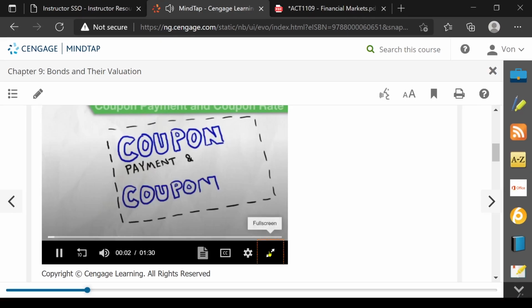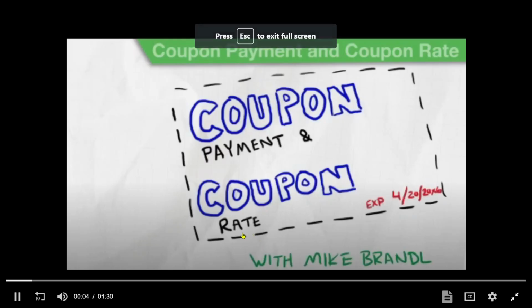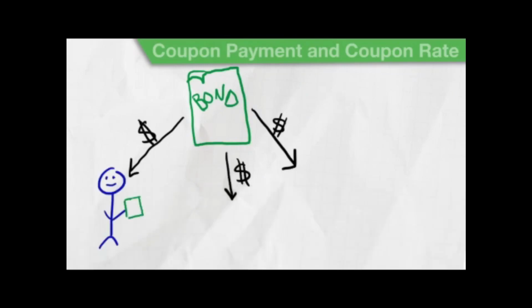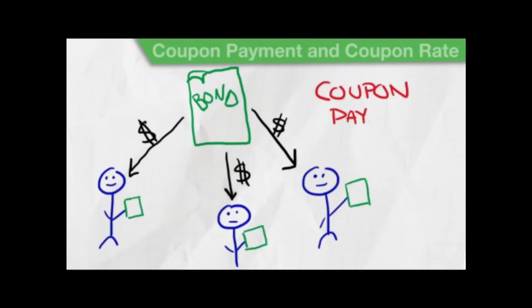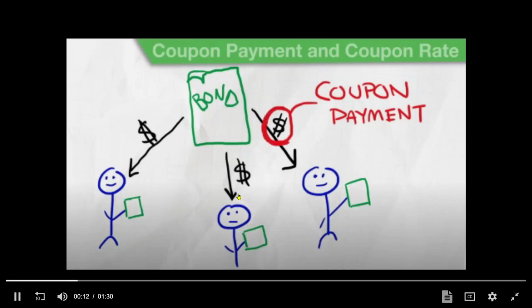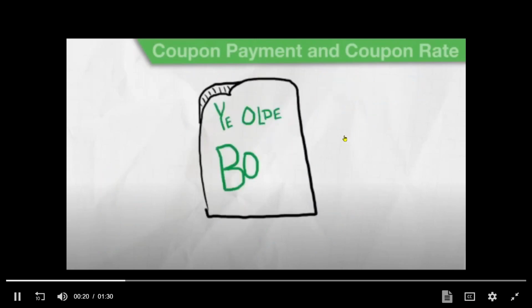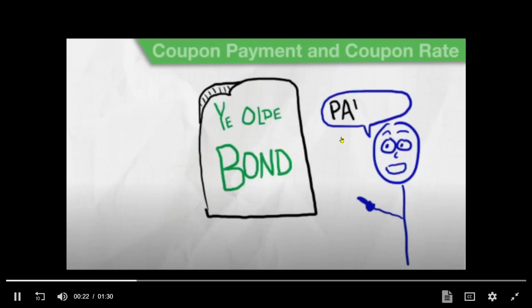Coupon payment and coupon rate. Right? This has to do with the interest that bonds pay to their bondholders. Right? The coupon payment is the dollar amount of interest that is paid each period, usually each year, to the bondholder. Right? Now, where this term comes from is back in the old days, bonds used to actually be pieces of paper.